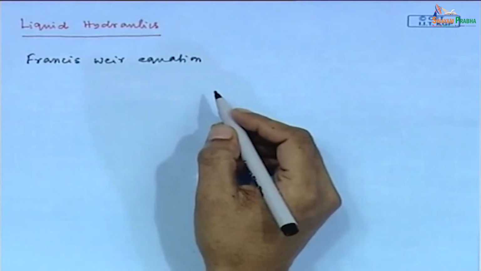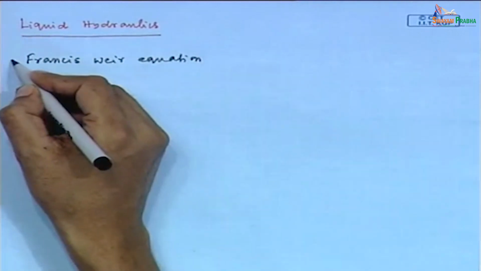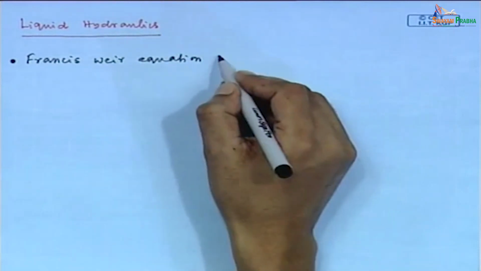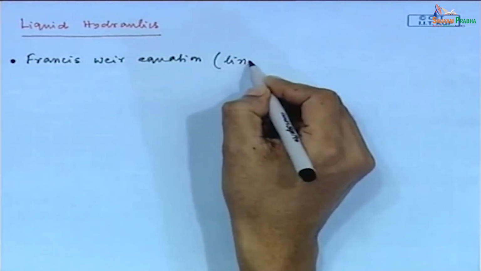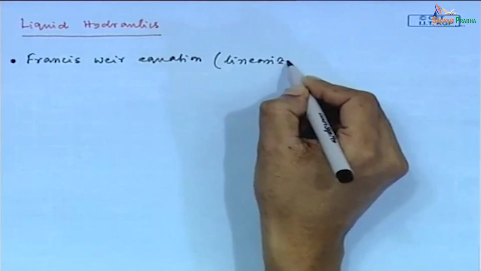Liquid flow rate is calculated by the use of the well known Francis-Weir equation. For the example distillation column, we will consider the simplified form of this Francis-Weir equation, that is the linearized form.